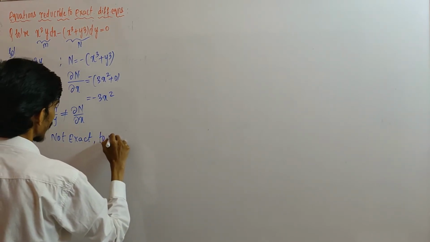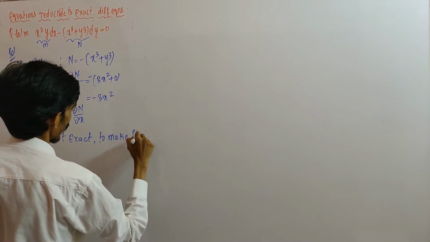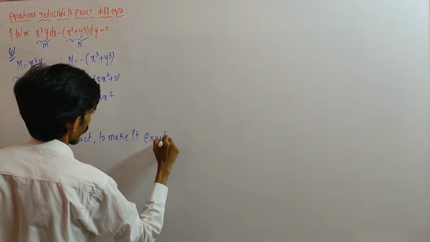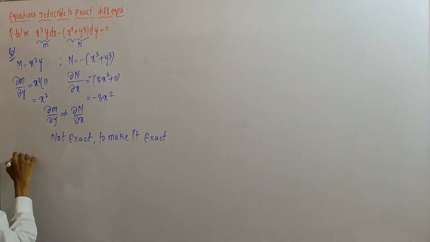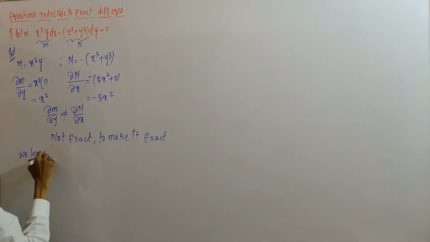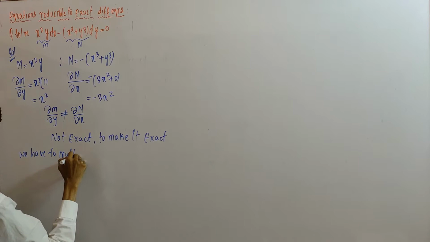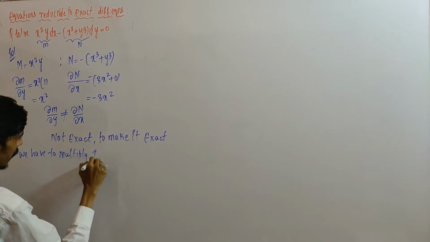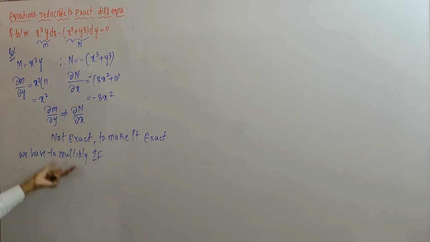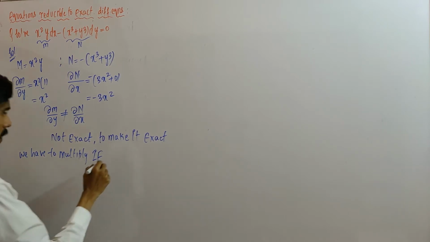So to make it exact, we have to multiply an integrating factor to this given equation so that it will become exact.